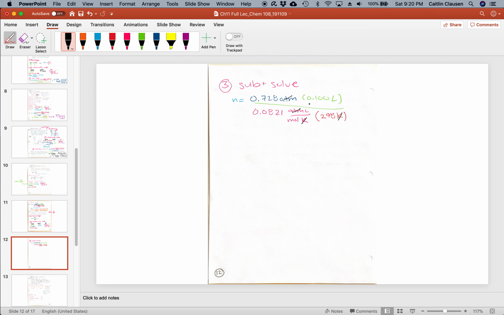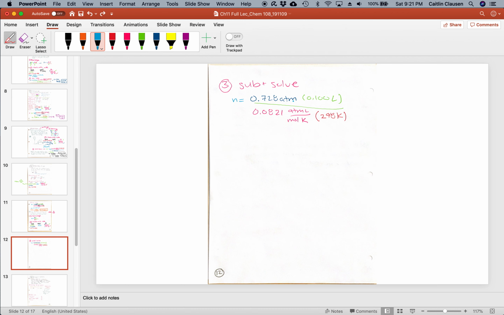Kelvins cancel, atm cancel, and liters cancel. And that leaves us with 0.0728. So I'm going to actually show you, I'm going to do this a different way. Since I have space, I'll show you how these units can cancel, in case you've forgotten how dividing by fractions of units works.